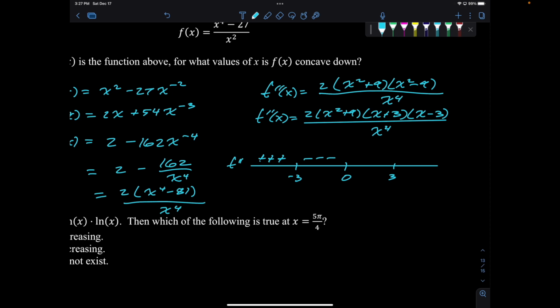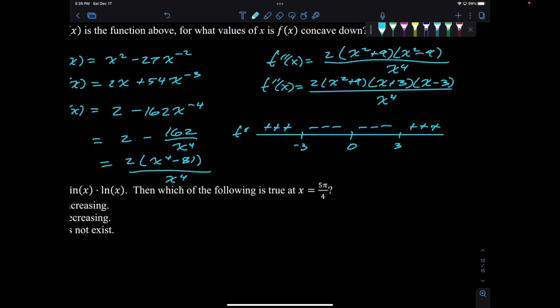There's not going to be a sign change at 0 because it comes from x to the fourth, but I'm going to plug in 1. That gives positive, positive, negative, and positive, so only one negative, still what I was expecting. And a billion is going to give you positives. So concave down for -3 to 0, and then 0 to 3.